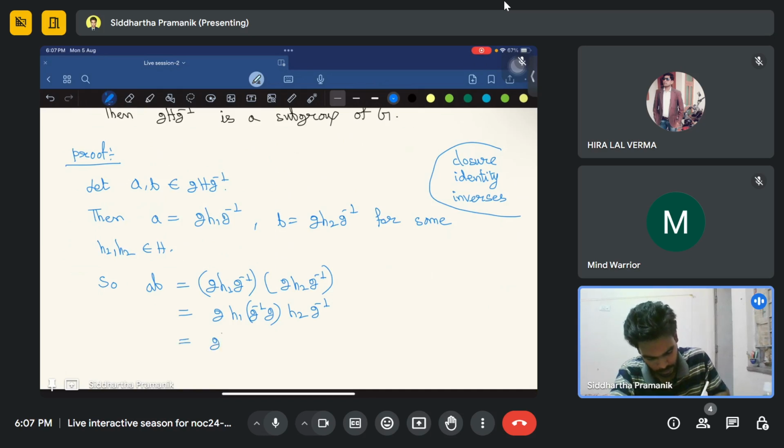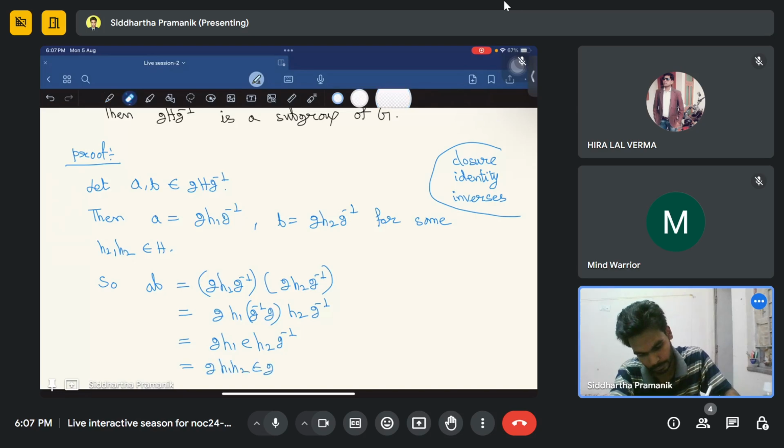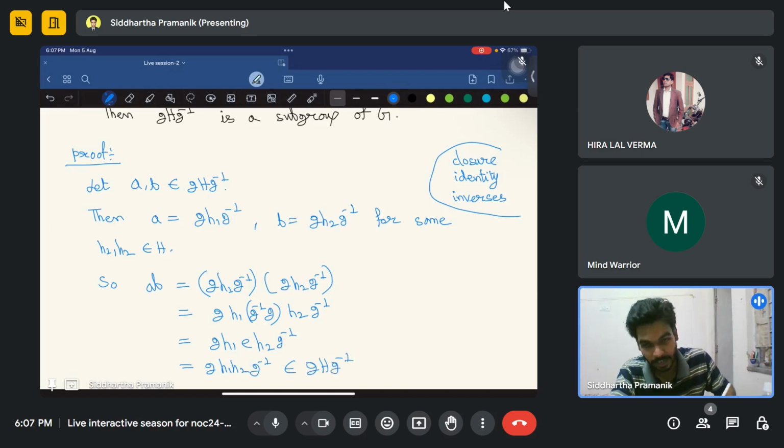So this is the same as g h1 identity h2 g inverse, and this equals g h1 h2 g inverse. So definitely this element belongs to gHg inverse, right? Because H is a subgroup, and the product of two elements of H must belong to H.